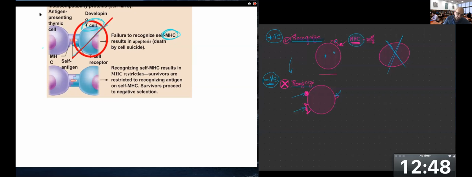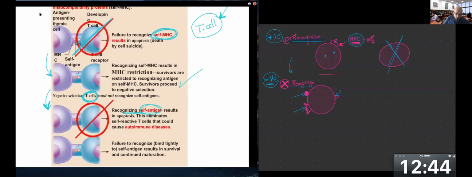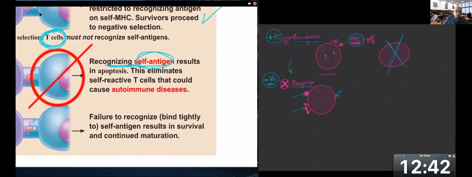If I did recognize MHC, I'm good to move on to the next step, where I get exposed to different self-antigens. If the cell binds tightly to the self-antigens, this means it's recognizing the self-antigens and is going to cause a problem later on if it did graduate. It has high affinity to the self-antigens.